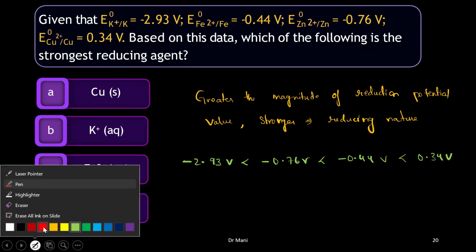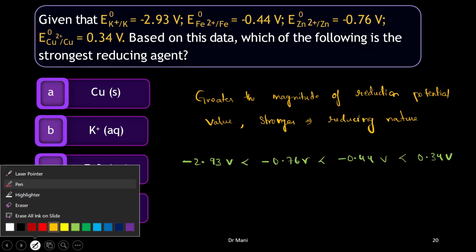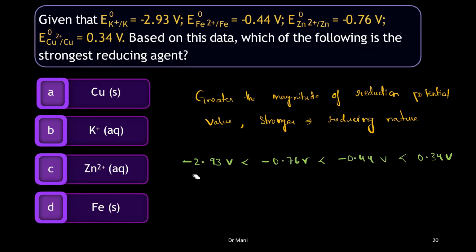So minus 2.93 is for K plus, this one is Fe plus 2, this one is Zn plus 2. It's copper, sir. 0.76 for Zn, right?